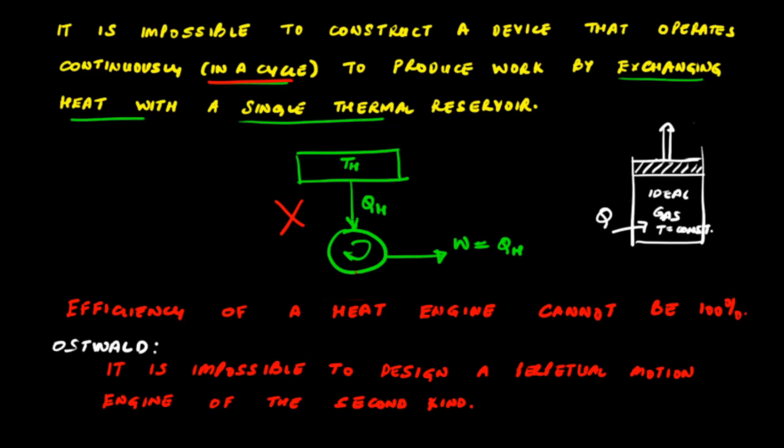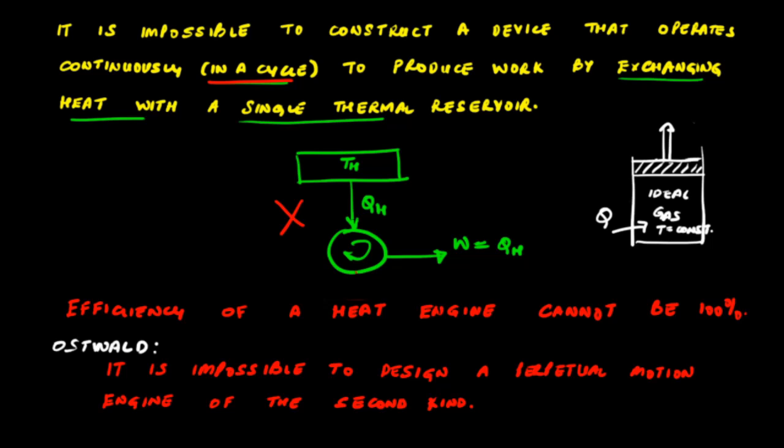But before we do so, it is important to note that the Clausius and the Kelvin-Planck statements are equivalent to each other. So we can use either one to arrive at the statement of the second law of thermodynamics that we stated in the beginning of this lecture.